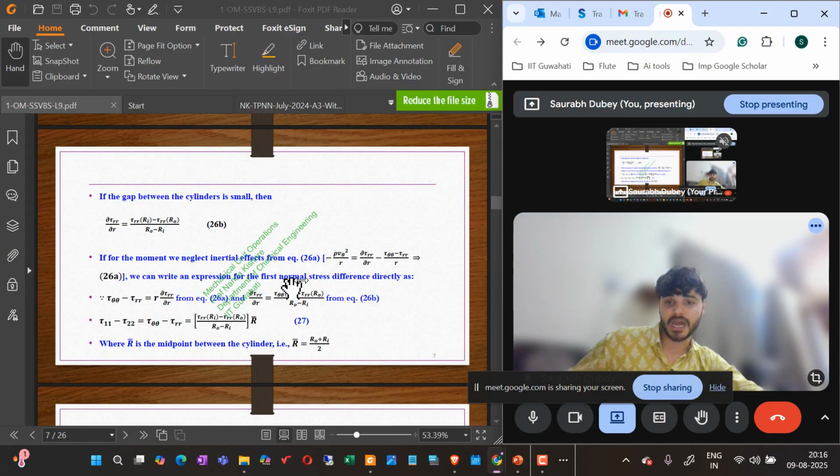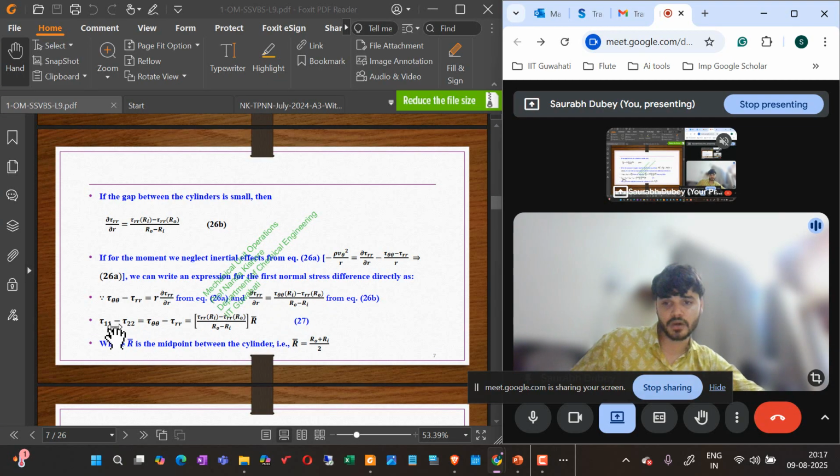When you put all the values in one form, if for the momentum we neglect the inertia effect, the V theta square by R term drops out, and then tau theta minus tau RR becomes 0, and you can write this just like this.